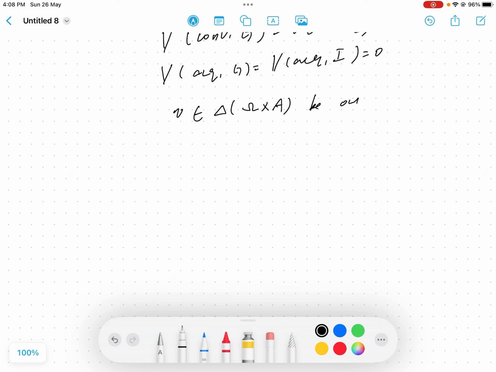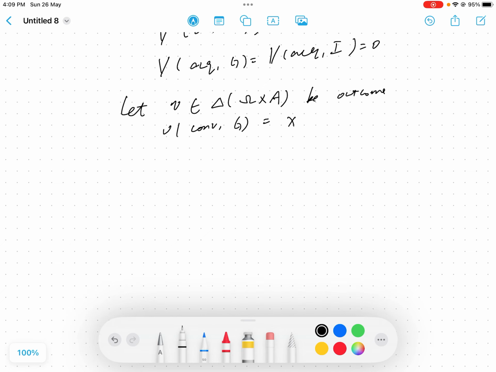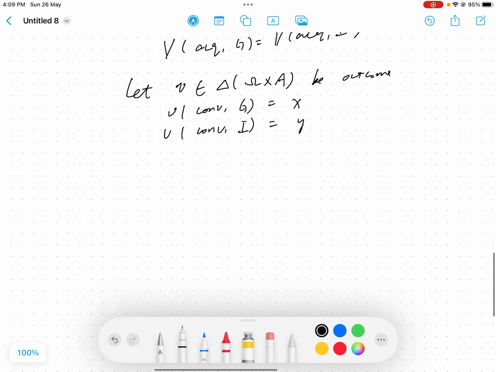So this is the outcome. So the outcome of convict, a bad guy, we let this be x for us to solve this linear programming problem more easily. So v of convict I, we set this to be y.